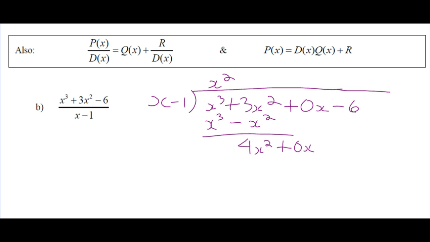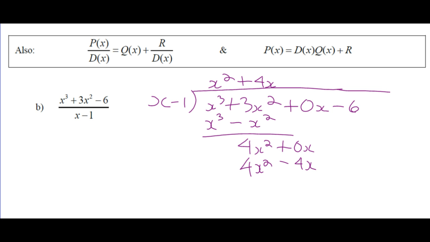Now you're going to see why it needs to be there. How many times does x go into 4x squared? 4 what? I mean, if I just put 4, that's going to be a 4x. I need it to be 4x squared, so it's 4x. What's 4x times x? Minus 4x. You see why we need that 0x?